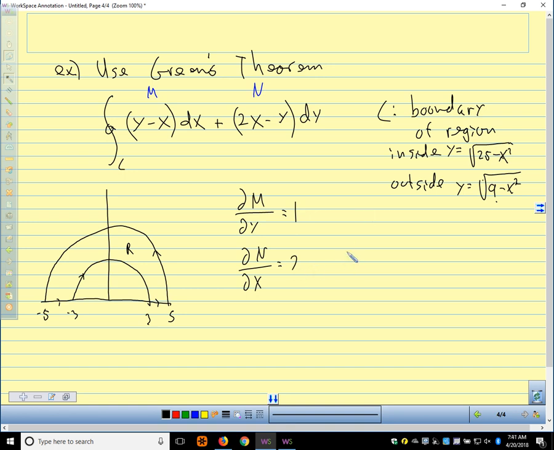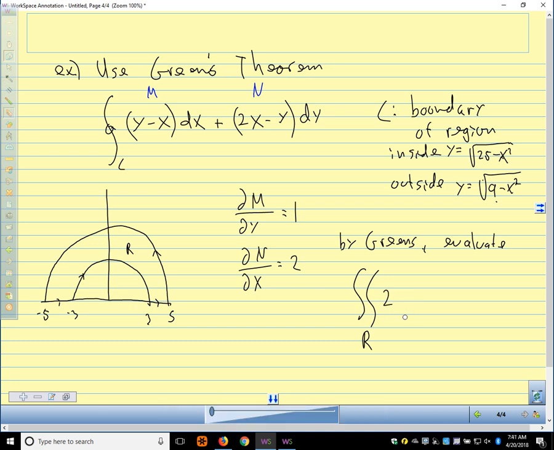So with Green's theorem we want to evaluate the double integral over our region of 2 minus 1 dA, which equals the double integral over our region of dA.